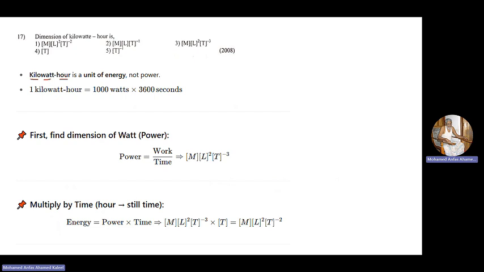So kilowatt hour, watt is what? Watt is the measure of power. Power into time. So actually, what is power?